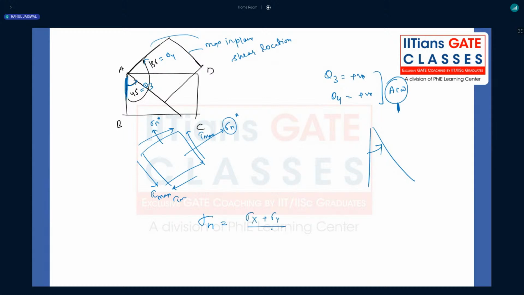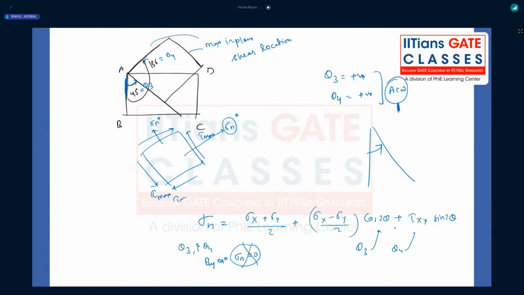We know that: sigma n equals sigma x minus sigma y by 2 cos 2 theta plus tau xy sin 2 theta. We have not found the values of theta 3 and theta 4 by equating sigma n to 0, right? So if you put theta 3 and theta 4 values, you will get exactly the same answer for sigma n, and that is not equal to 0.